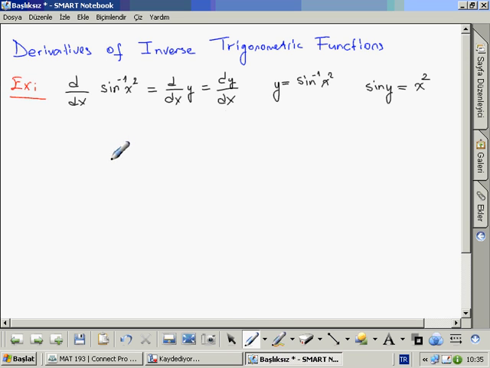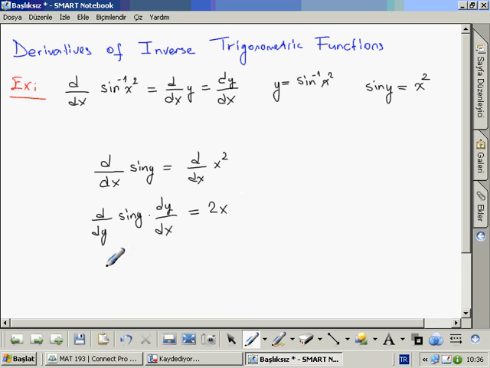After that, take del over del x of both sides: del over del x of sine y equals del over del x of x squared. By the chain rule, it will be cosine y times del y over del x, which equals 2x.